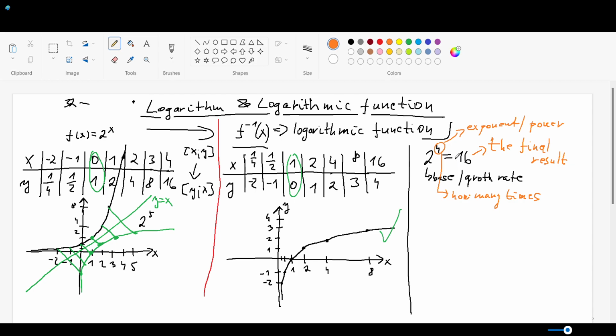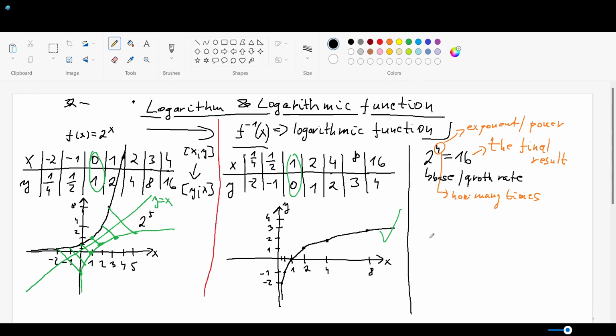So basically 2 to the power of 4: how many times do I have to double number 2 so that I will get number 16? If I do it 4 times, I will get number 16.